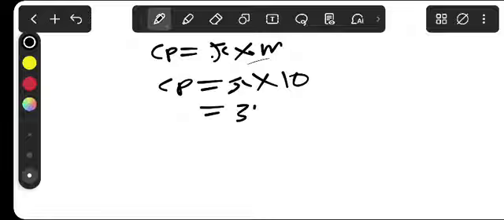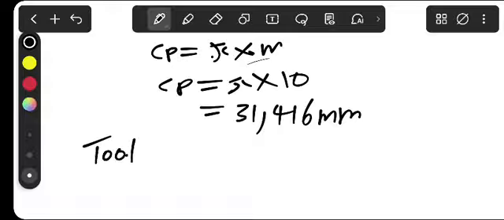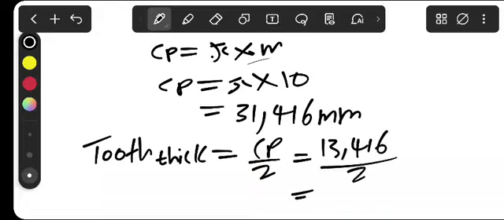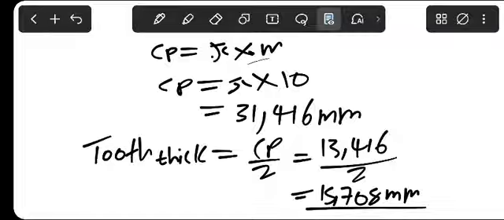This is 31.416 millimeter. Then the tooth thickness, we said this is CP divided by 2. So this will be 31.416 divided by 2, which is 15.708 millimeter. That is what we have.